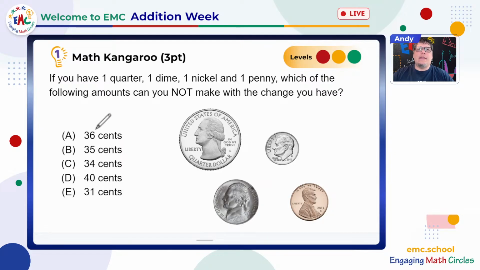Okay, so can I make 36 cents? I can make 36 with 25 and 10. That makes 35. Oh, 35. I can make 35. And can I make 36 now?